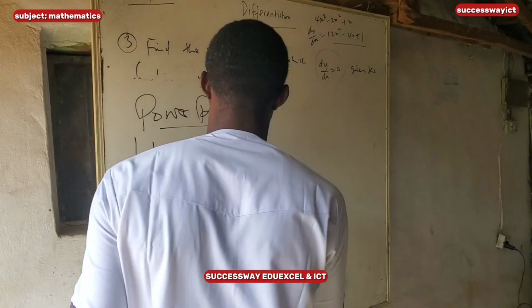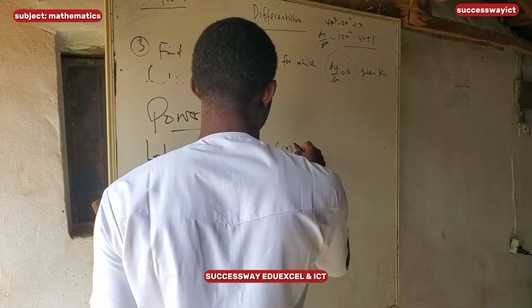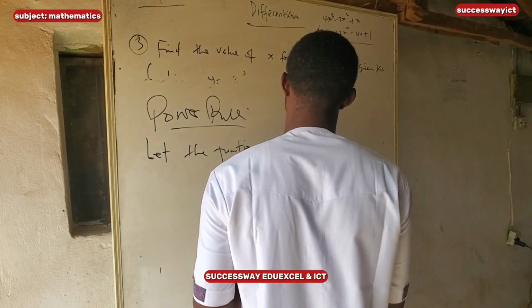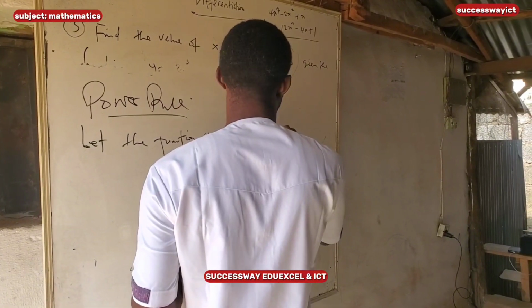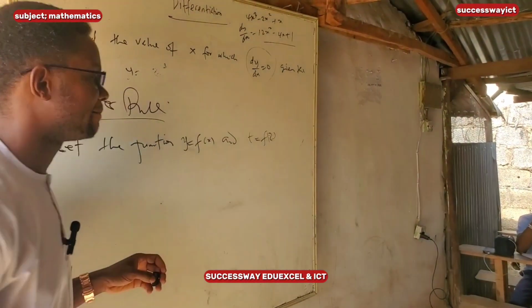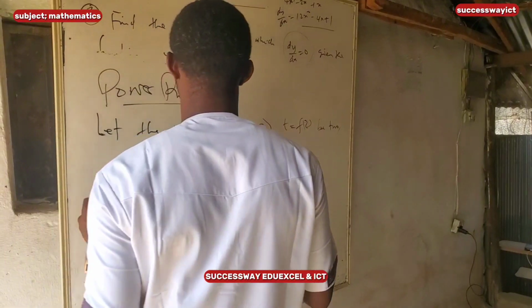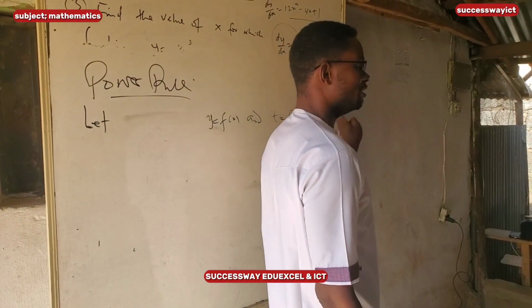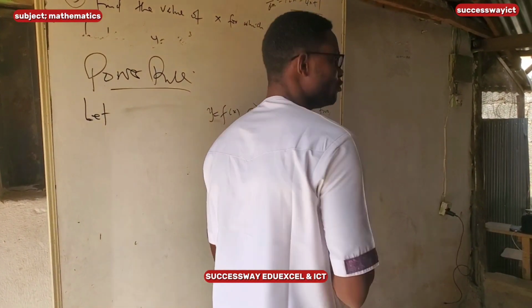Let the function y equal to f of x and t equal to f of z be two functions.